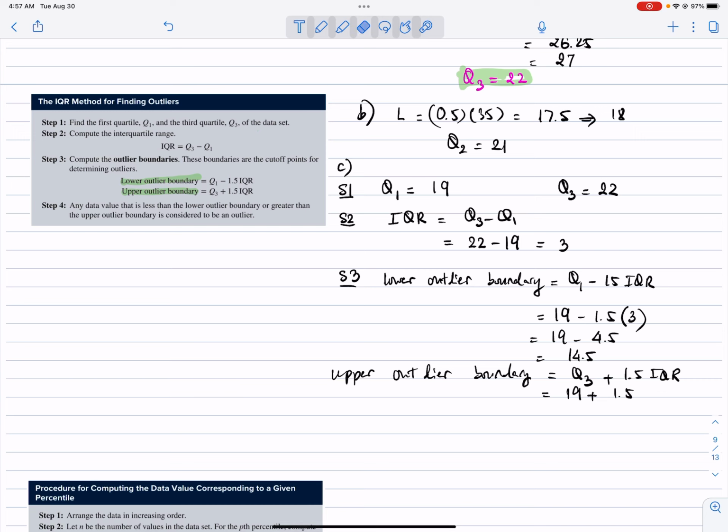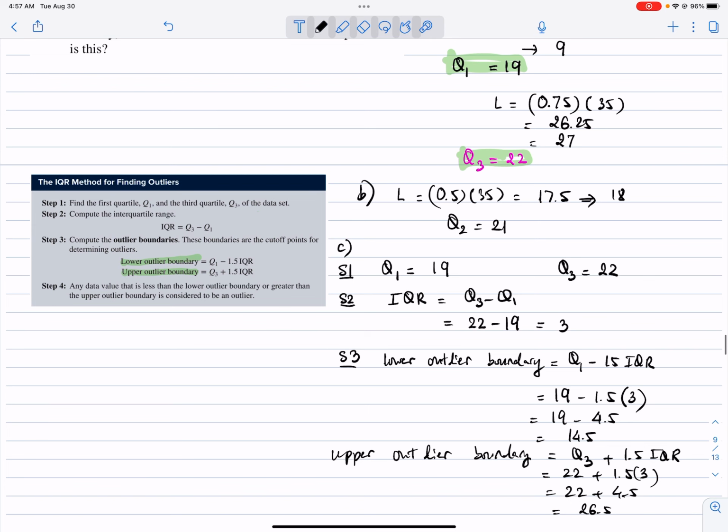Sorry, Q3 is not 19. Q3 is 22 plus 1.5 times 3. So 22 plus 4.5, and the answer is 26.5. So that is part C.